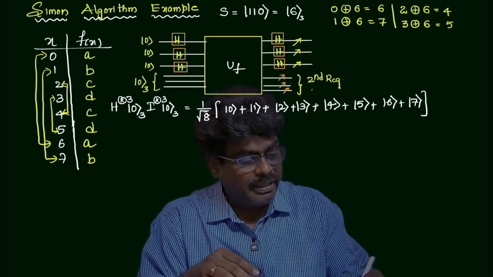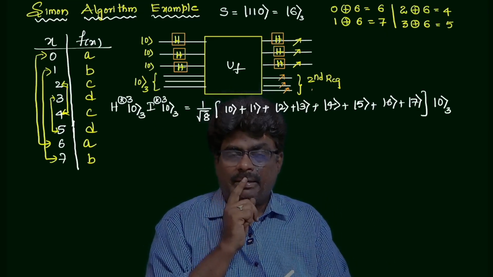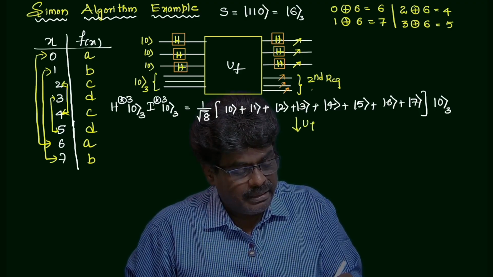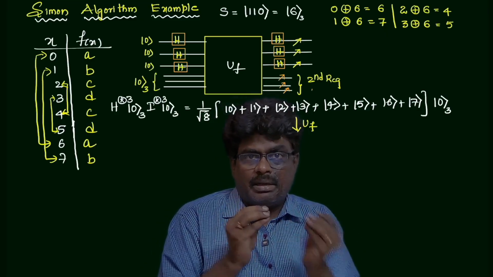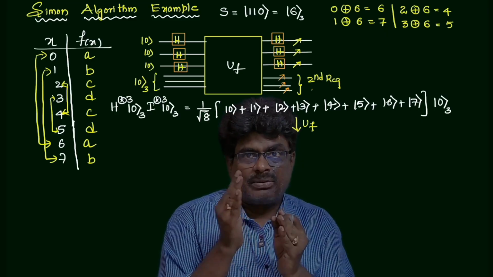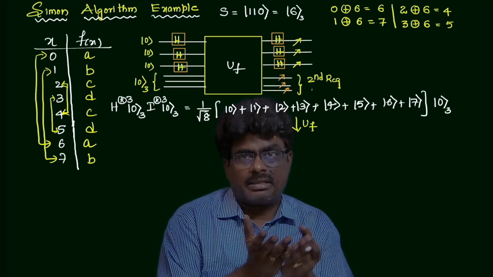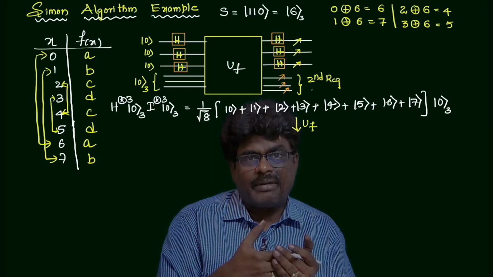And after that we have this 0 as it is, but it is 3 qubits. Once this oracle operation is done, 0 and 6 have the same output A, next 1 and 7 have the same output B, let us suppose, next 2 and 4 the same output, 3 and 5 the same output.